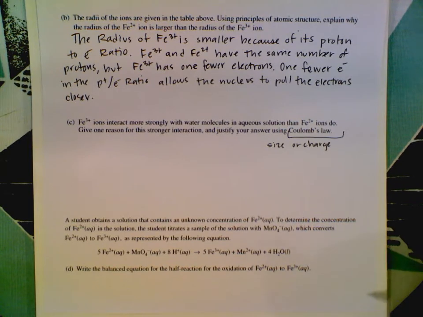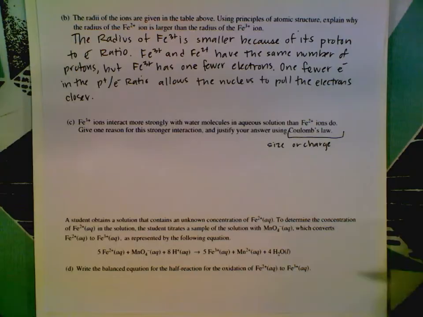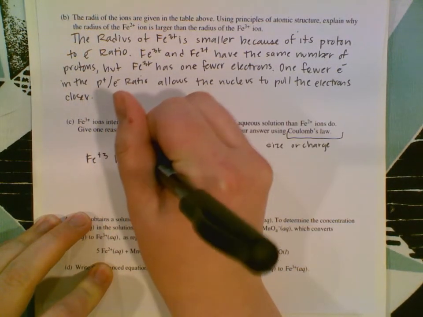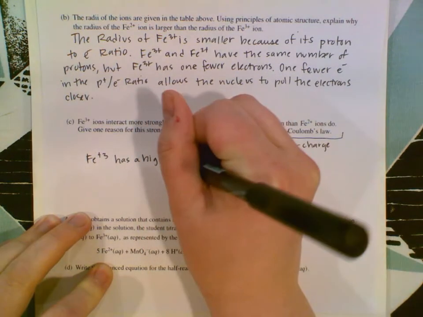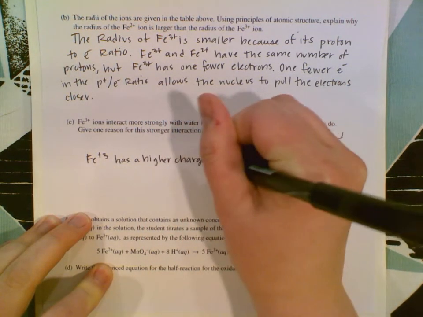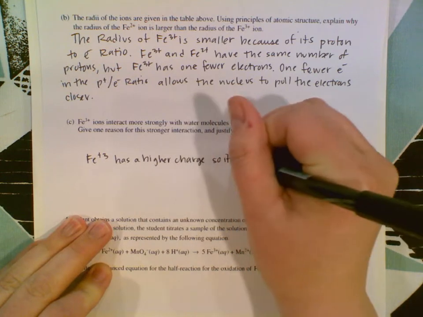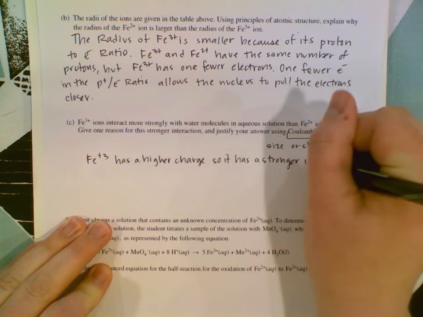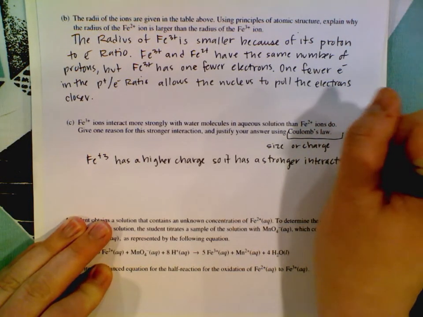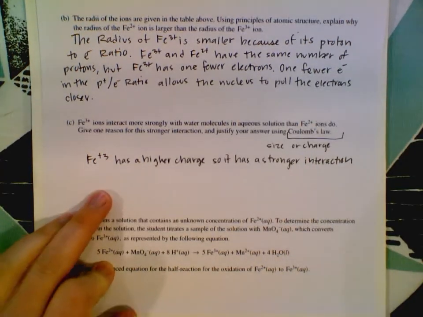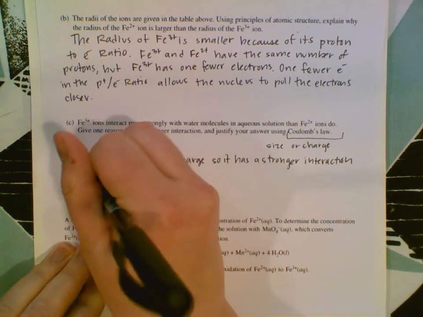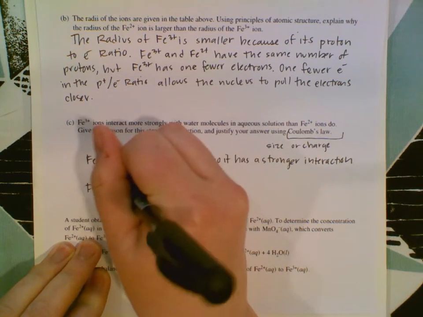So you can say that the interaction is happening because the Fe3+ has a higher charge, so it has a stronger interaction. So that is one thing you could talk about. The other thing that you could talk about is that Fe3+ has a smaller size.